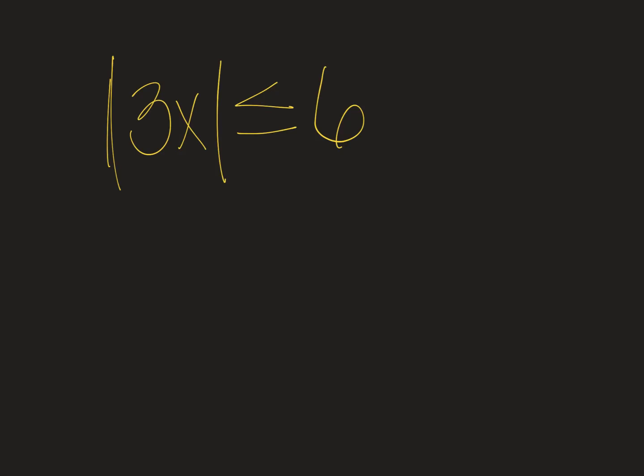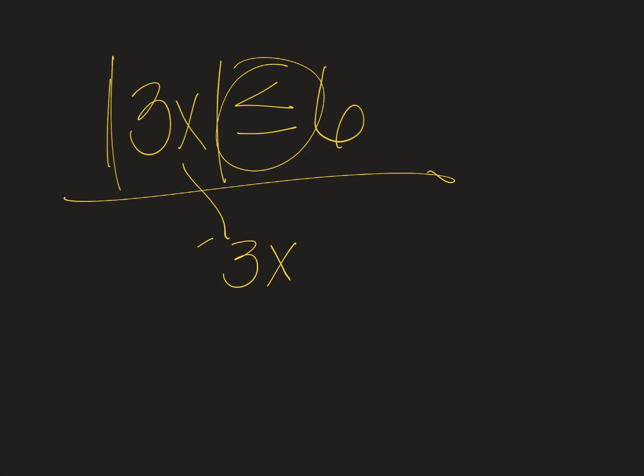What are we going to do? Now, you have 3x here. So, in order to write this problem as an inequality, the 3x drops in the middle. You put that sign on both sides, and then you put negative 6, change that to a negative, and leave the other as a positive. Okay? I want to make sure you understand that.